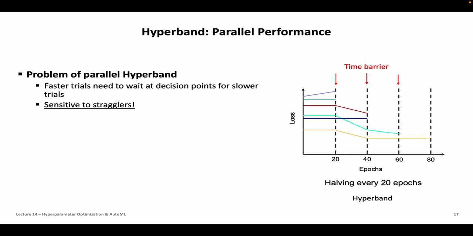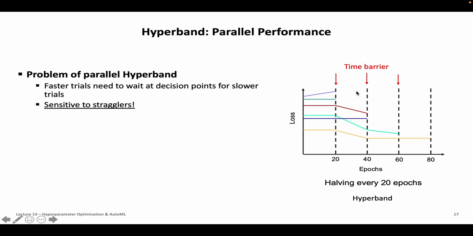The problem here is that these decision points, where you want to measure how good a trial is compared to another trial, are at the same time also time barriers. So in order to decide which of these trials is the better one, you of course need to have at least two results available.